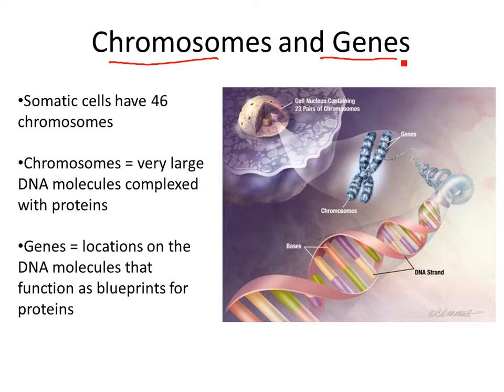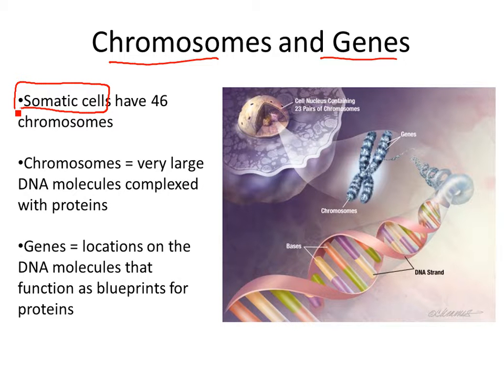The cells that make up your body are often referred to as somatic cells. You may run across that term in your textbook. Somatic cells are your typical body cells, what you typically think of as a cell. Your red blood cells are an exception. Your red blood cells punt out their chromosomes before they mature.